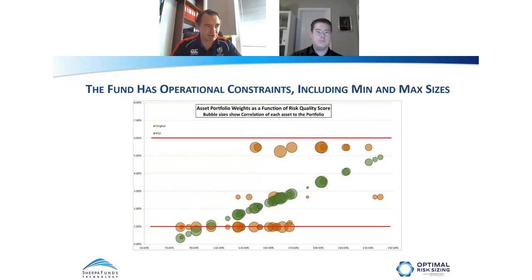So here clearly it's got a lower bound, but there are other constraints. Particular assets should not be plus or minus more than a certain amount from a benchmark. So the actual portfolio can't be a perfect risk quality score portfolio because of various other stuff that's going on.